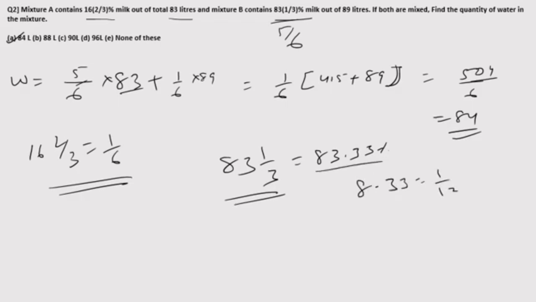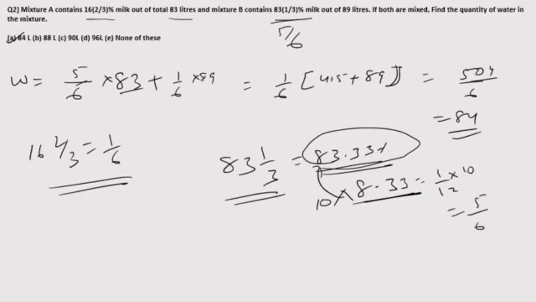Now here it is 83.33, so from 8.33 to 83.33 the change is that I have multiplied it with 10. If I multiply this with 10, 10 by 12 becomes 5 by 6. This is one way of solving.